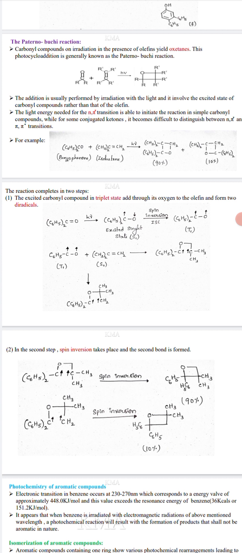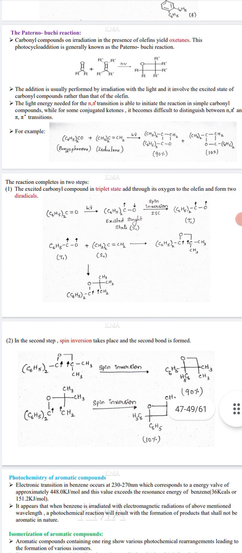The first step is that the excited carbonyl compound in the triplet state adds through its oxygen to the olefin and forms a diradical. So here is benzophenone, which absorbs light and forms an excited singlet state.